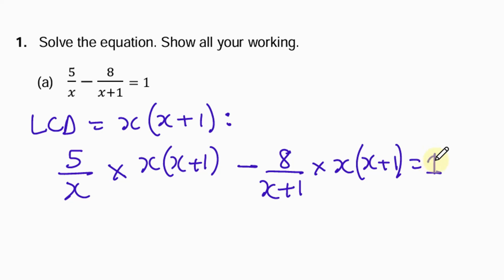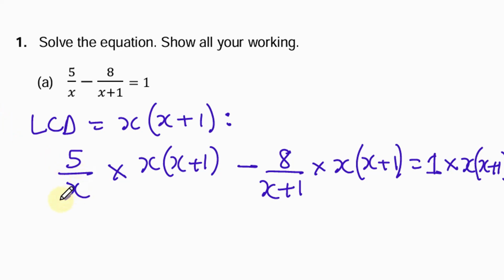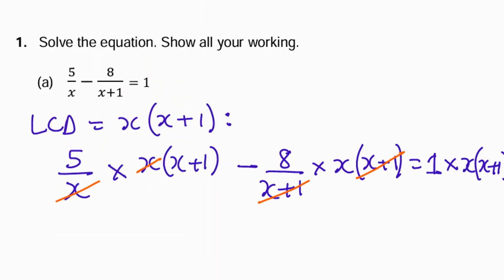So we multiply the 1 also by the LCD. Now we can see some of the factors will cancel. So x will cancel here, x plus 1 will cancel here, and we can simplify what we are left with.